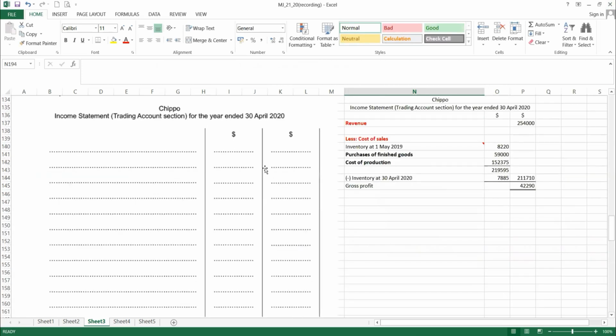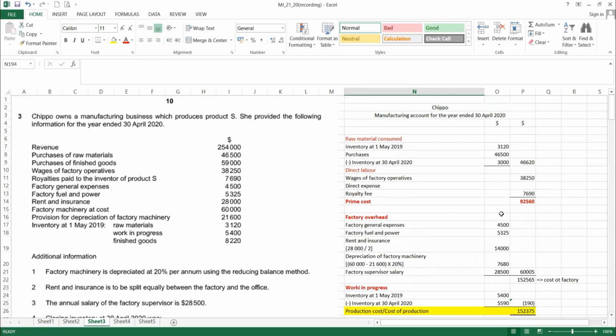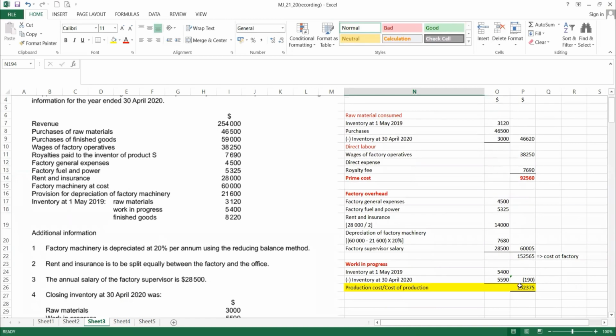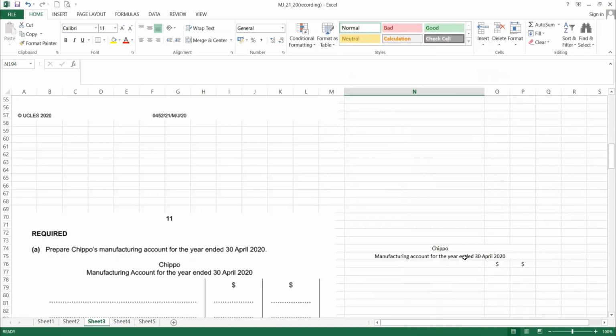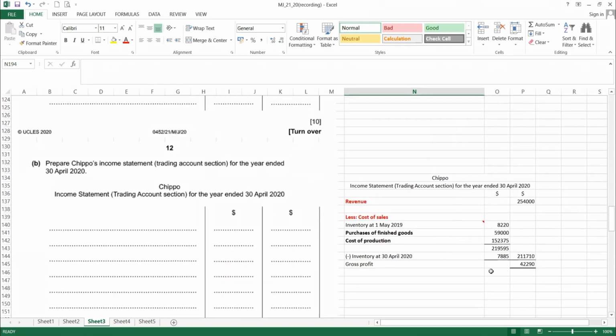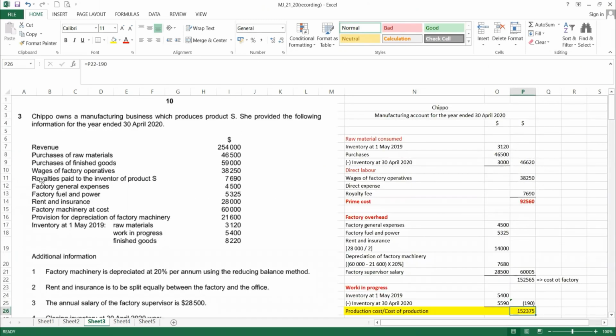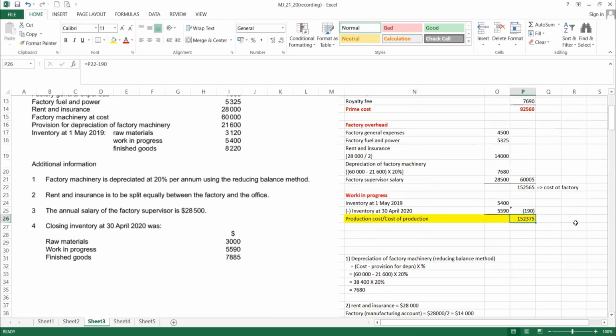I need to go back to the question to see what information we have. For the profit, gross profit we get 42,000. We don't know what the profit for the year is, and cost of production is 152. Let me see what else can help us explain. Okay, there's not much information.